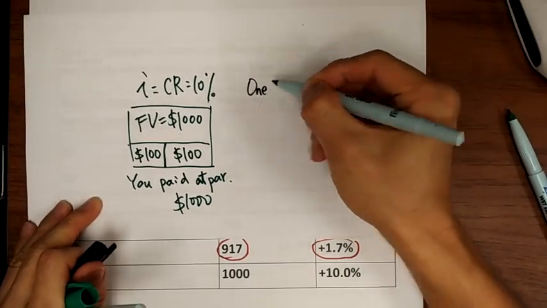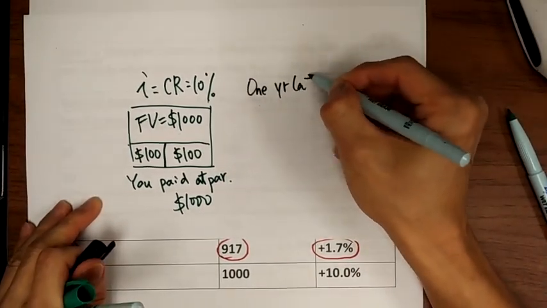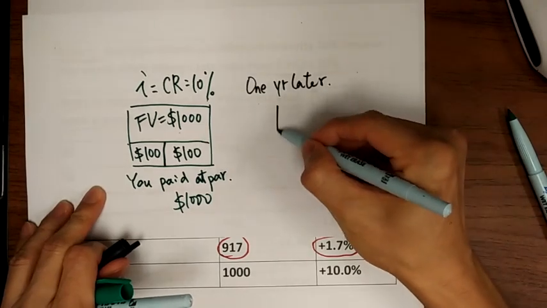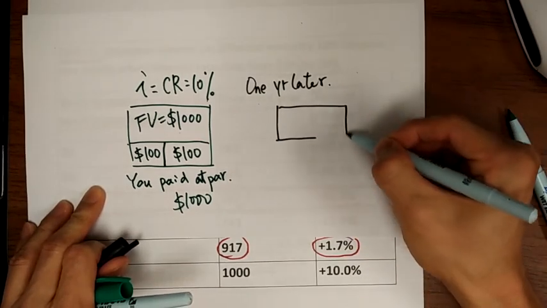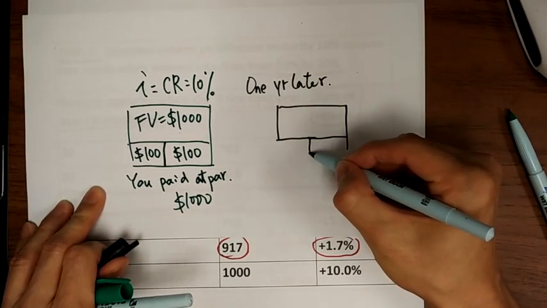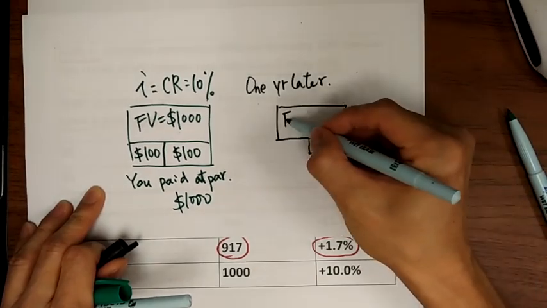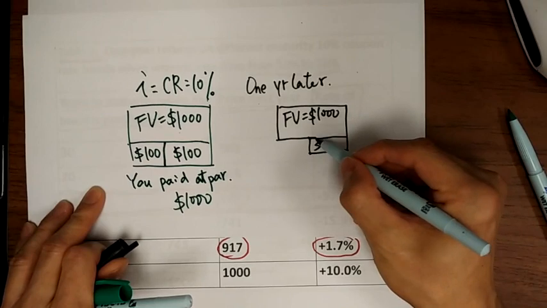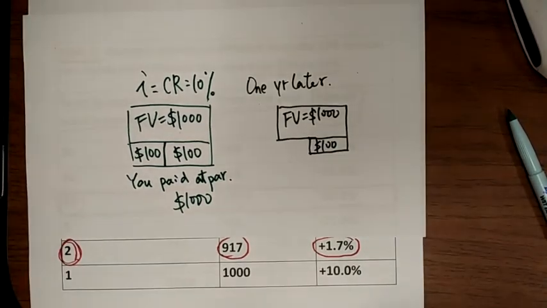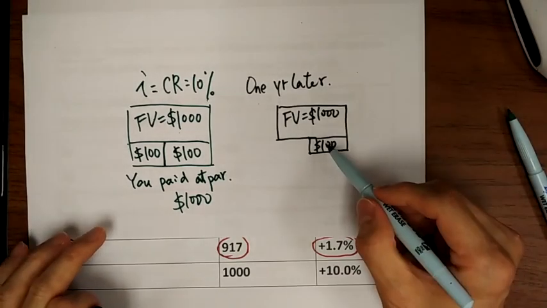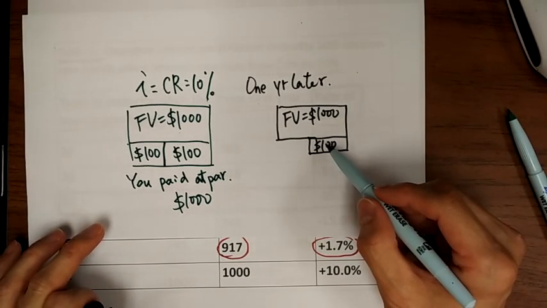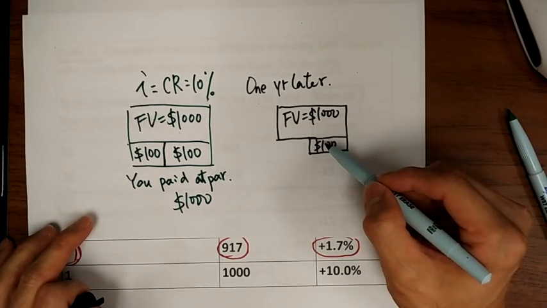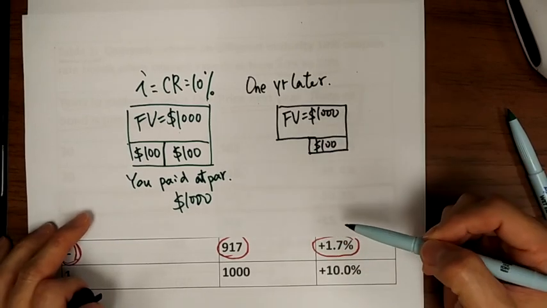One year later, this bond looks like this. If you want to sell this bond, how much money can you sell this bond for?